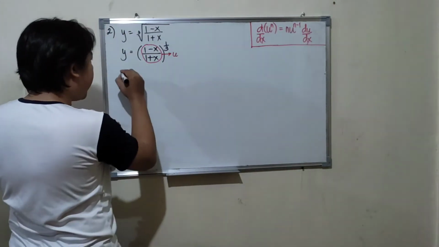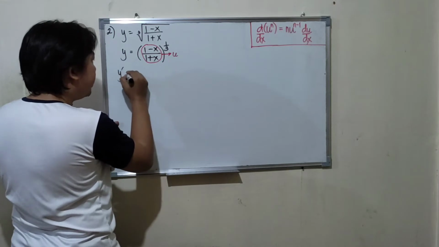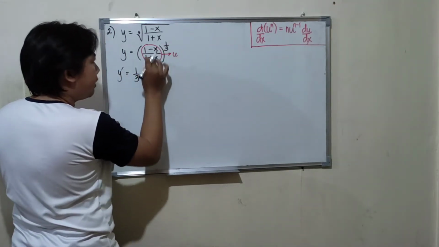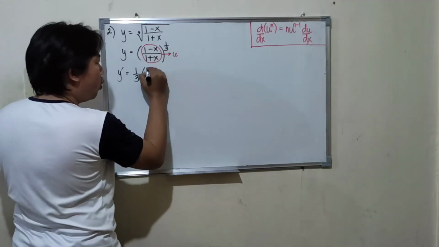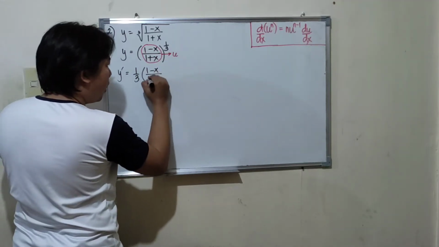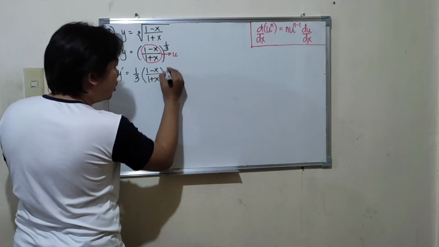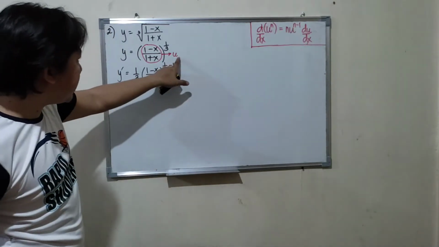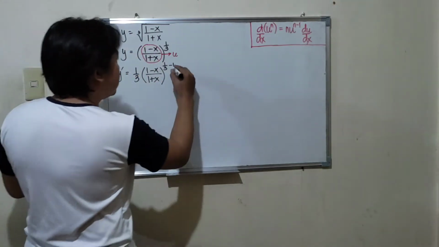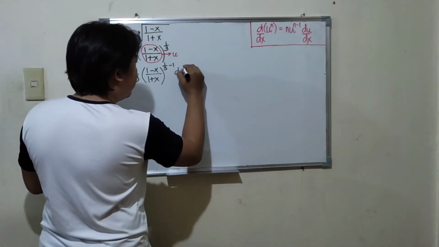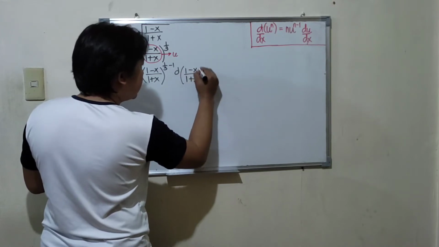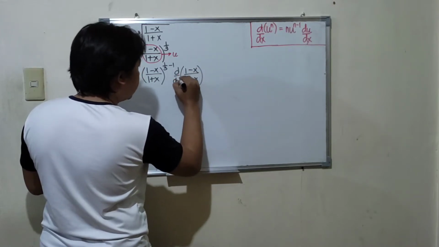So we have y prime or derivative of y with respect to x is equal to 1/3 times u, this term, 1 minus x over 1 plus x raised to 1/3 minus 1 times derivative of u, this term. So, times derivative of 1 minus x over 1 plus x with respect to x.